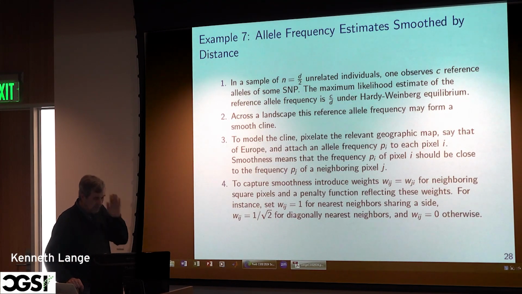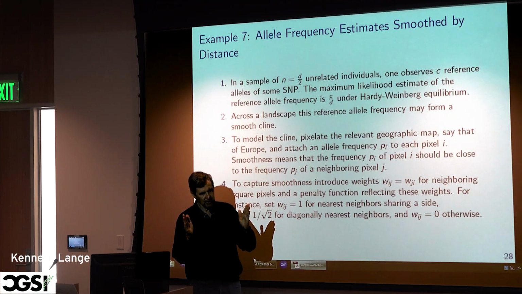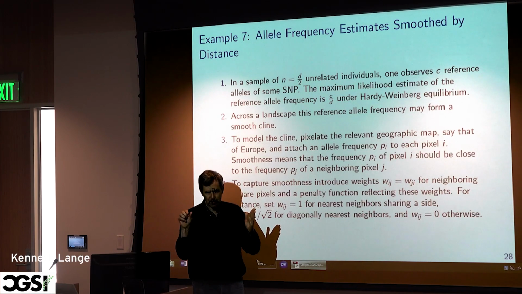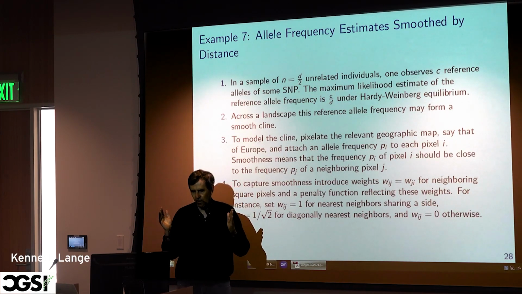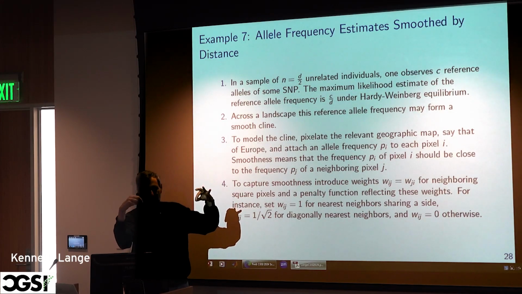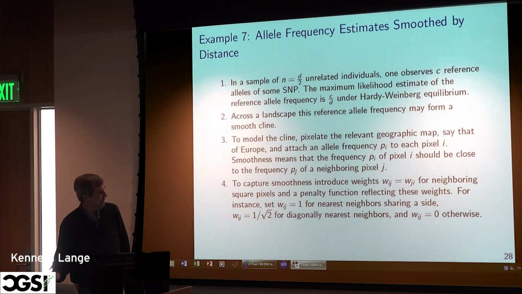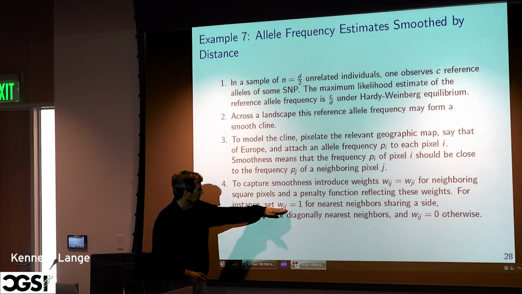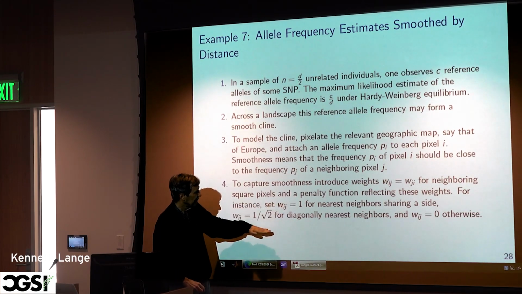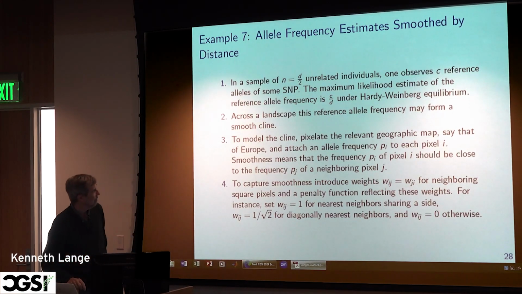So what are neighboring pixels? If they're little squares, you have 4 neighboring pixels, because you have 4 sides to a square. If you include the pixels that just touch at the corners, you get a total of 8 neighboring pixels, but they have different weights: 1 for nearest neighbors and 1 over the square root of 2 for diagonally nearest neighbors.